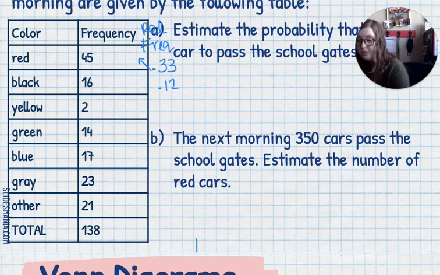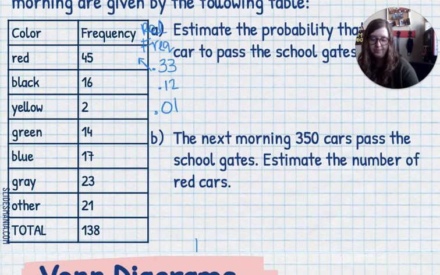Yellow, we'll take 2 divided by 138. Get about 0.01. Relative frequency of getting green, or the next car being green, 14 divided by 138. About 0.1.